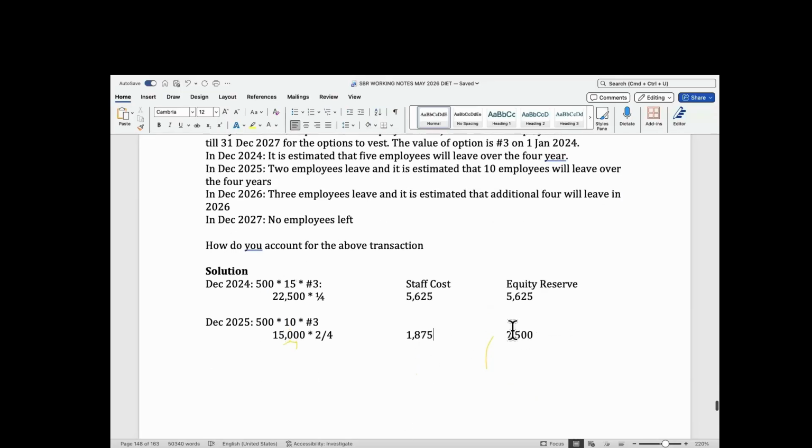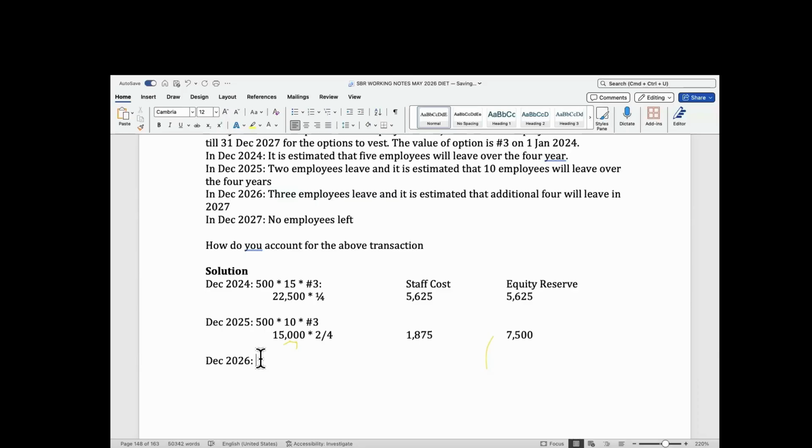Yes, sir. Okay. In the third year, December 2026, they said 3 employees leave, and it is estimated that an additional 4 will leave in 2027. Since in 2026, 3 have left already.